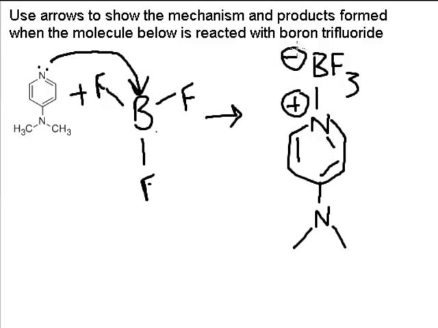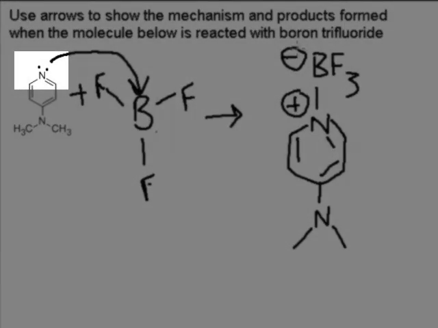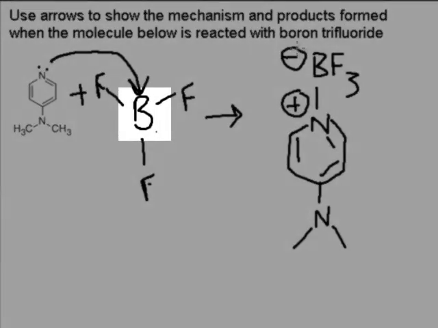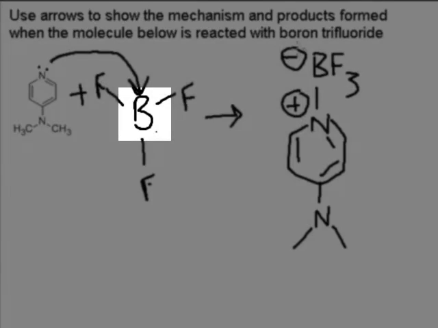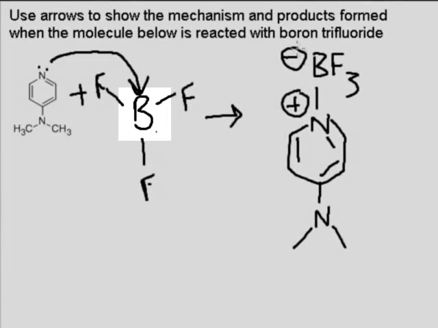And you can review those calculations in the formal charges article. So that nitrogen, the nucleophile, or the Lewis base, attacked the boron, the Lewis acid, or the electrophile. And that's our first mechanism.